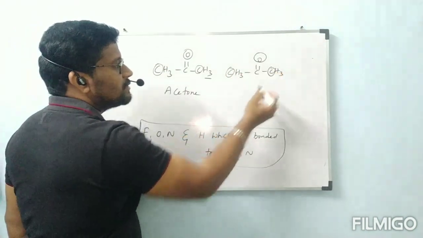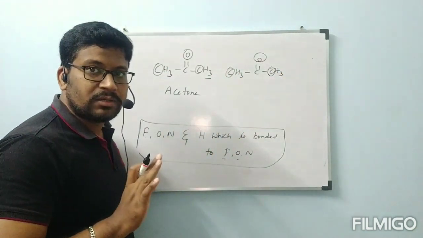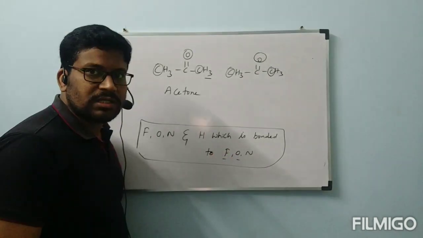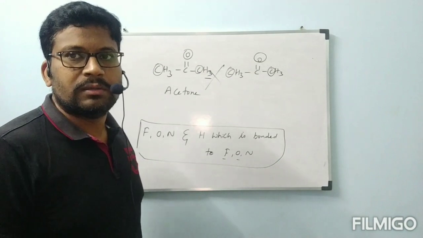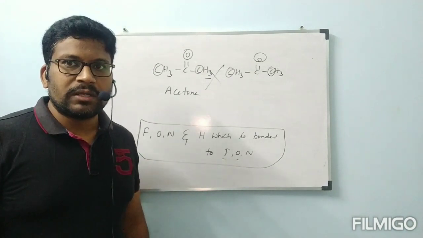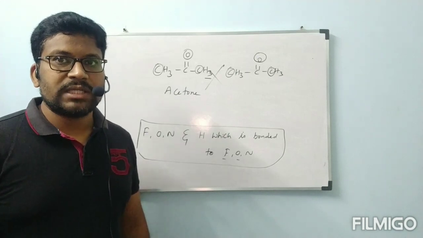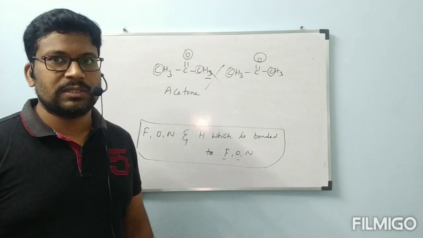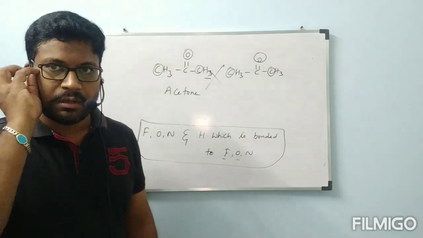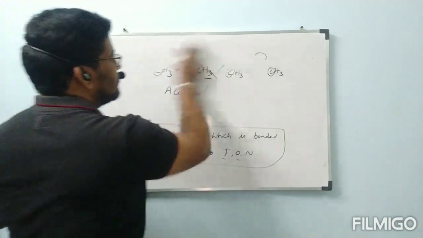Total 6 hydrogens are there, and those are bonded to carbon, not to fluorine, oxygen, or nitrogen. So this molecule cannot form hydrogen bond, because hydrogen is not bonded to highly electronegative elements like fluorine, oxygen, nitrogen. That is the main condition we have to understand. Let us consider water.